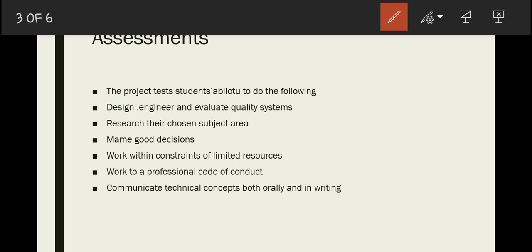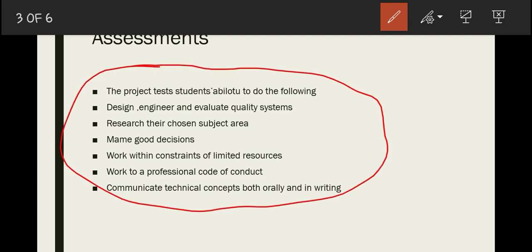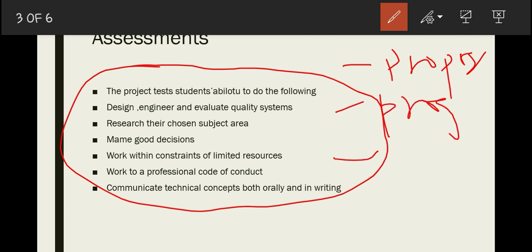So when we talk about assessment, students will have to submit their progress and final results. So you will have some stages. The first stage will be the proposal, then it will be followed by a stage of progress, and the last one will be the final results.